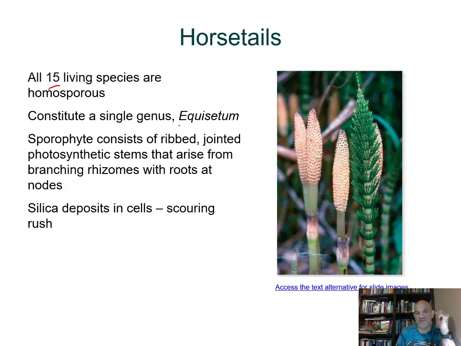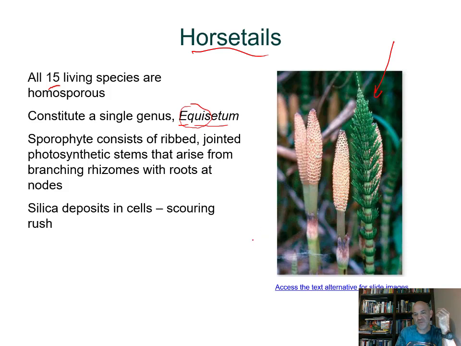There is only one genus though. Okay, we don't have several genera. It's just Equisetum. And when I think about horses, I think about equine. That root in there means horse, although this is not an animal, but it must be that the structure of the body of this plant reminded somebody of a horse's tail, perhaps. This is why they're called horsetails.